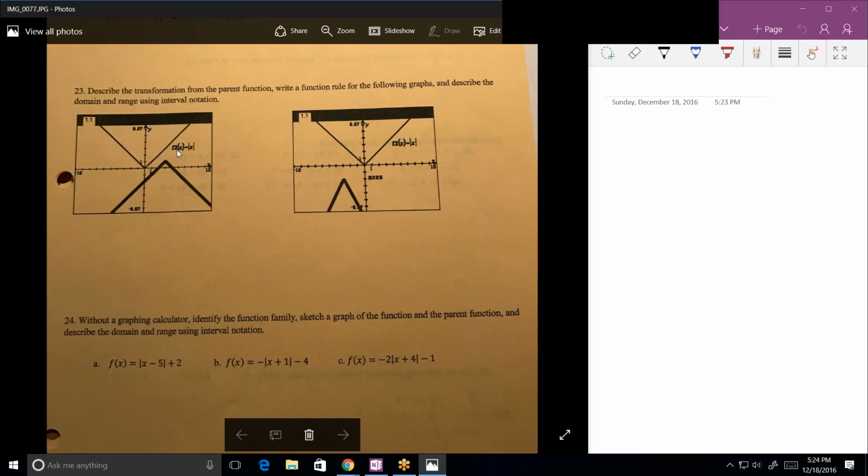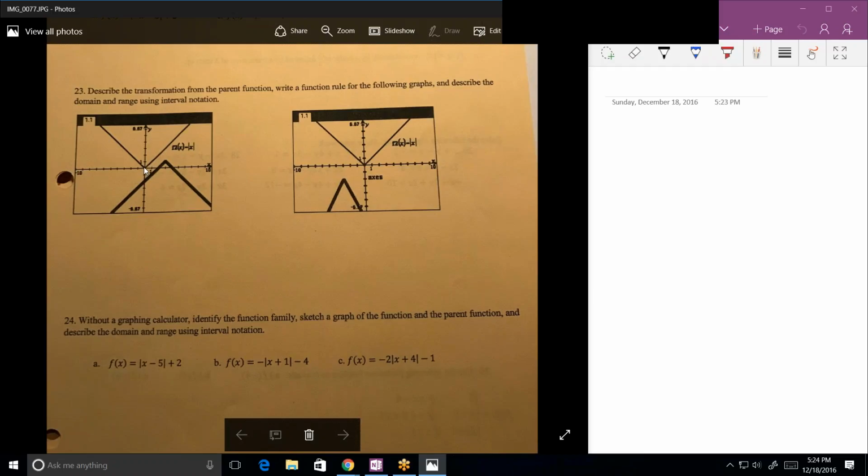Did they mean that? I don't think so. He did this on a calculator. I wouldn't think he would say f of 2x. So he's saying that the parent function is f of x equals absolute value of x.